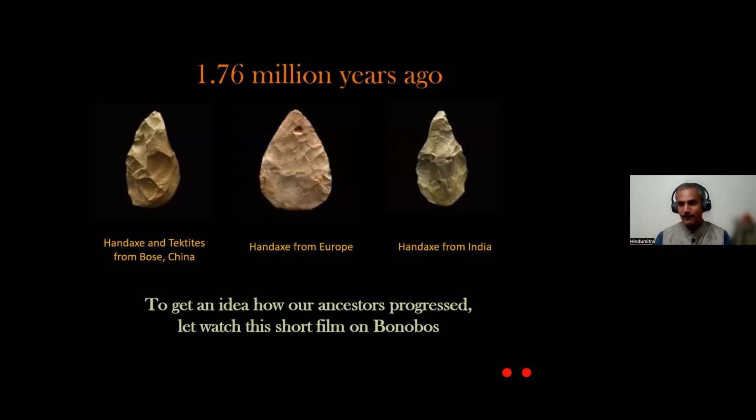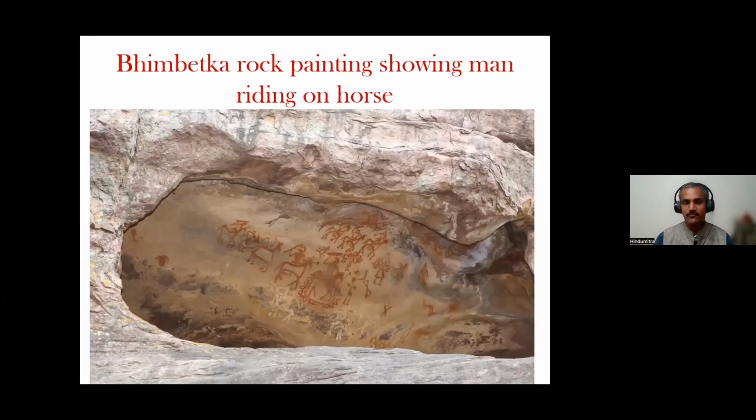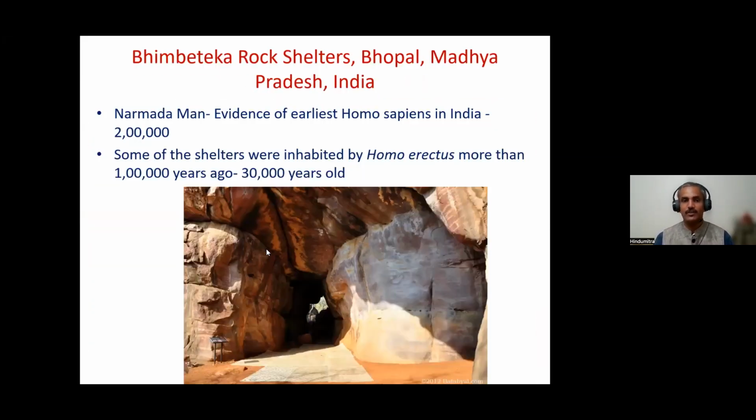So the capping of the date to 3000 or 7000 BC, this is all rubbish. That's what I try to prove, that we have antiquity from various sources, even from rock caves like Bhimbetka.